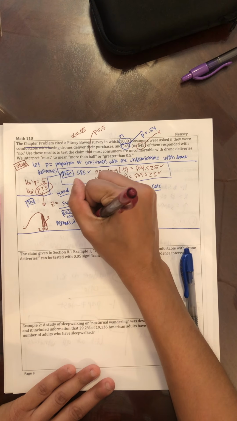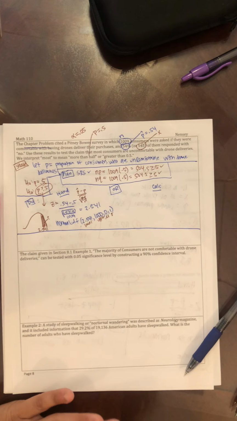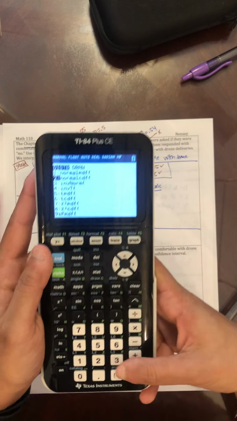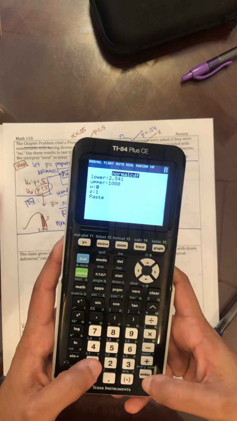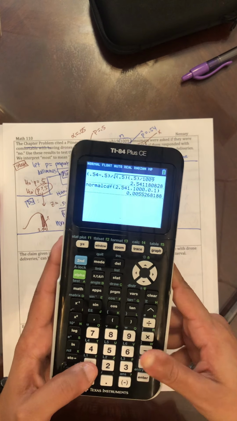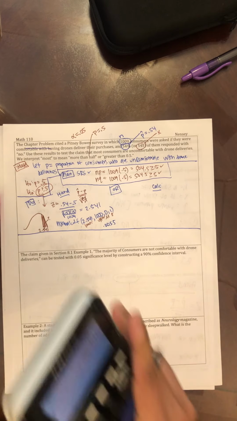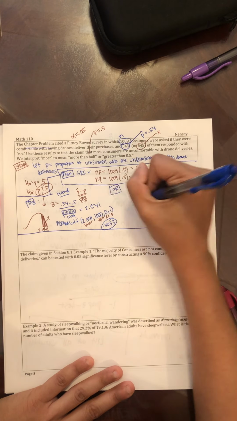And I'm going to label that lower, upper, mu, and sigma. And remember, to get to that, you hit second vars, number 2, and then 2.541, 1,000, 0, and 1, and I get 0.0055. And we actually did this example in our last set of notes. This right here is called your p-value.